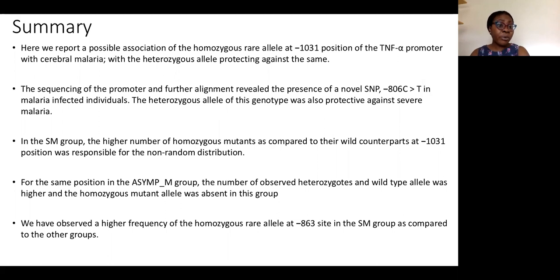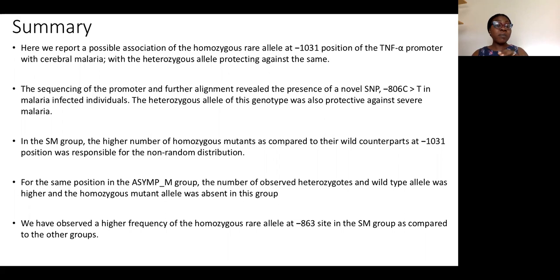In the severe group, the higher number of homozygous mutants, when compared to their wild counterparts at codon 1031, was responsible for the non-random distribution that we saw, as I explained in table 2.